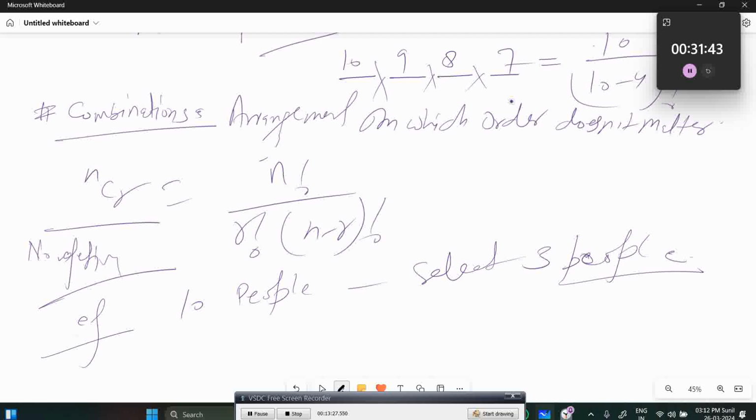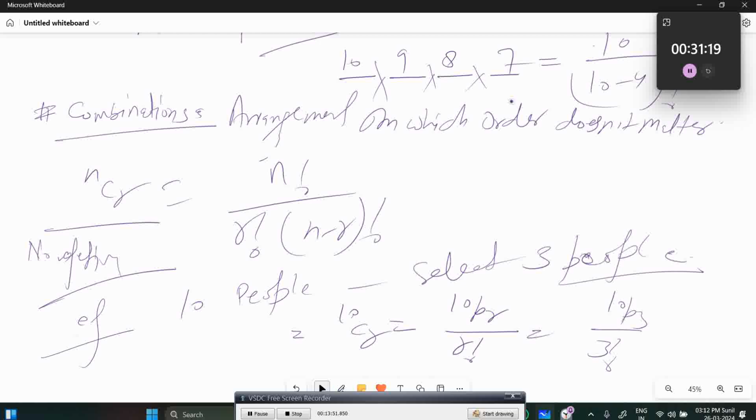So 10C3 is equivalent to 10P3 upon 3 factorial.